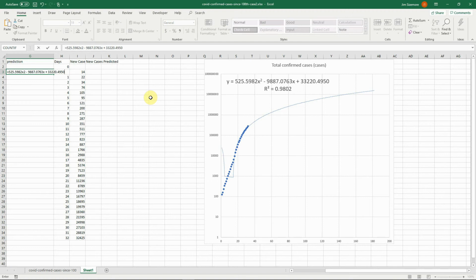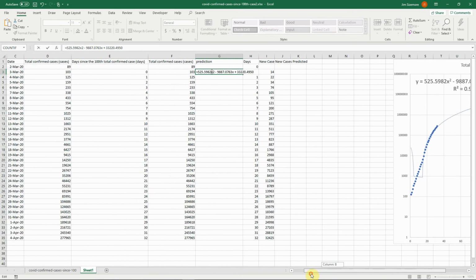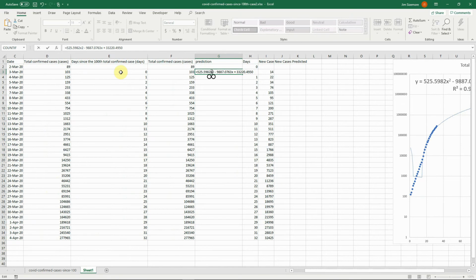I'm going to have to edit things now because this is not a good Excel formula. Number of days since the 100th case. So X is going to equal that. Okay, I know there's lots of errors in the formula, so don't make me correct. Ugh.